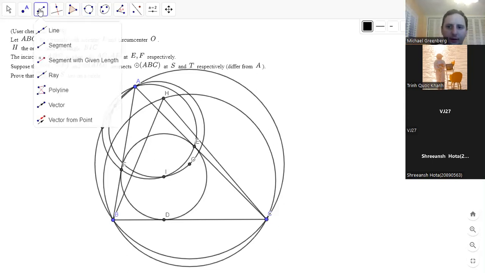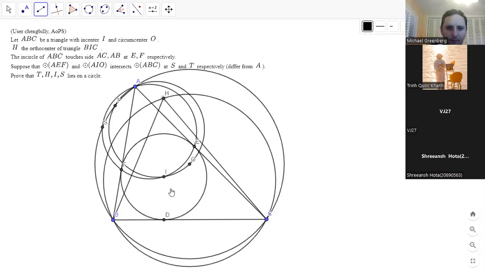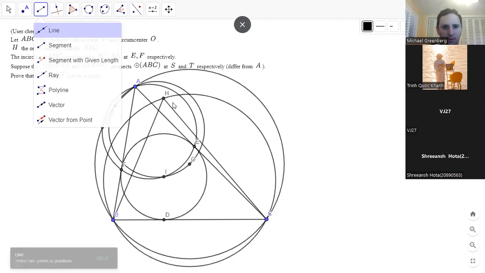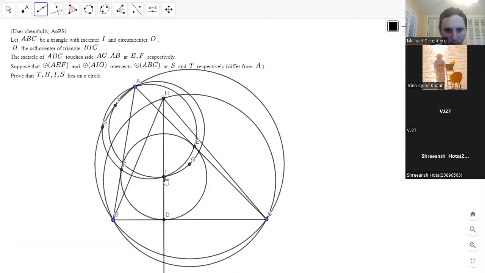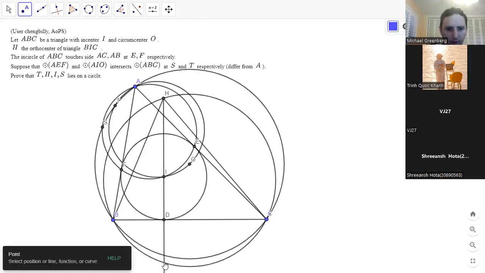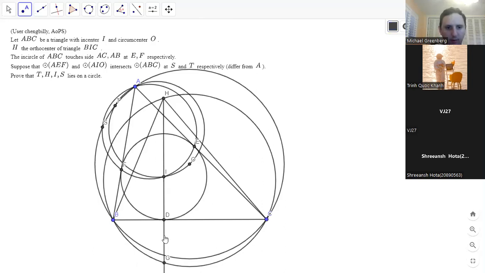Yeah, HI and D are collinear. And not only that, I'm going to draw the other intersection point with the circle. So ID is equal to DG.